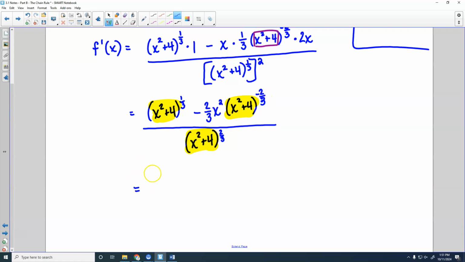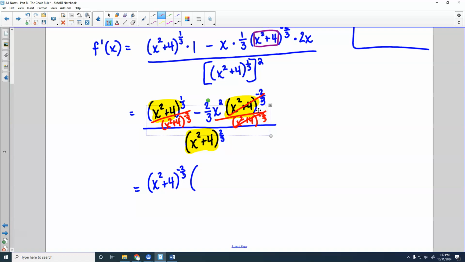So we are factoring out x squared plus 4 to the negative 2/3. And so when we do that, it's like we're dividing by x squared plus 4 to the negative 2/3. On that second term, it'll be very easy because they just cancel each other out.